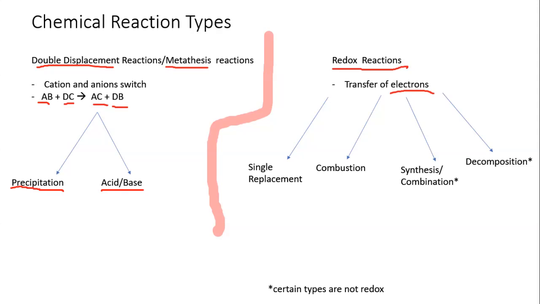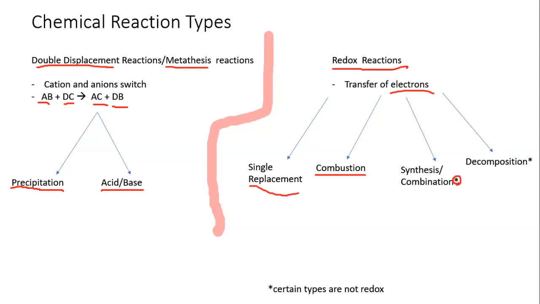So the first type is single replacement, and we're going to talk about all of these in depth in just a moment. Single replacement is a type of redox reaction. Combustion is a type of redox reaction. Synthesis, or sometimes referred to as combination, is a type of redox reaction. But note the asterisk. The asterisk means that certain types of synthesis or combination reactions are not redox.